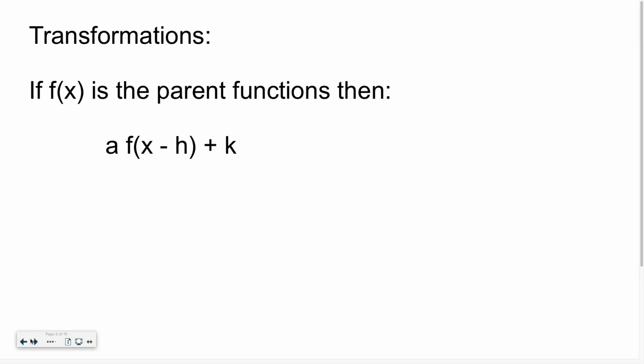What can a, h, and k do to our function? All right, let's talk all together.